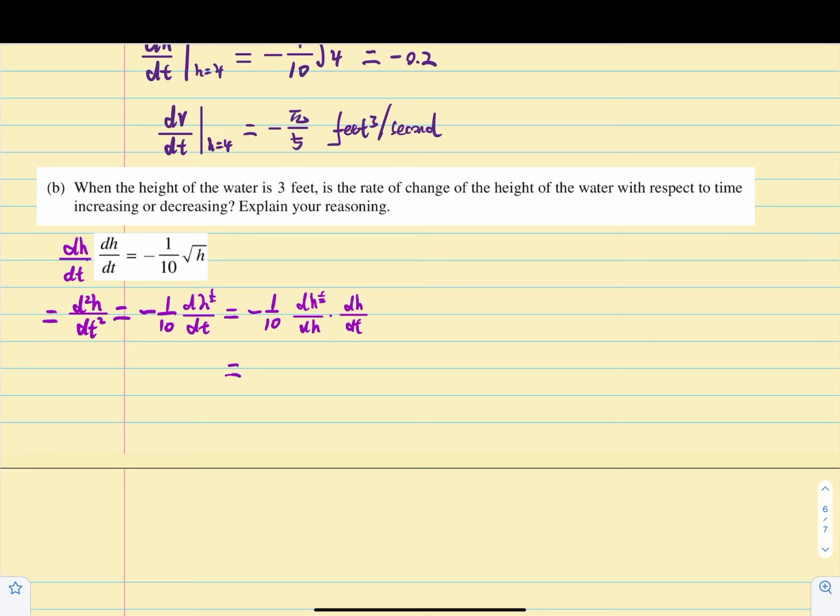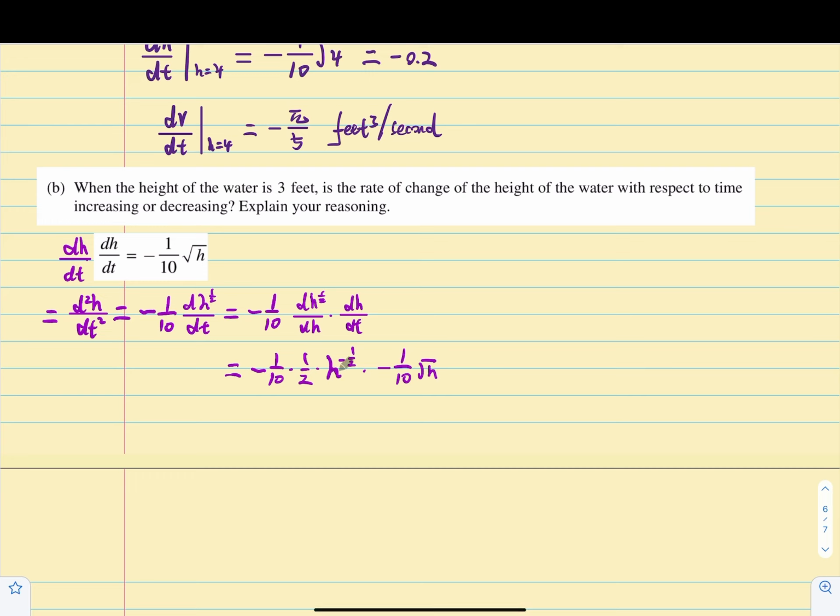So we write it down as 1/10 multiplied by 1/2 multiplied by h to the negative power of 1/2, multiplied by dh/dt. And dh/dt, as we can see in here, is equal to 1/10 square root of h.